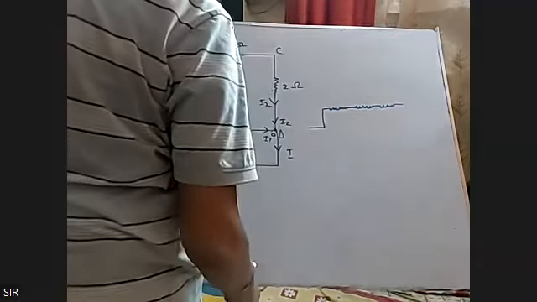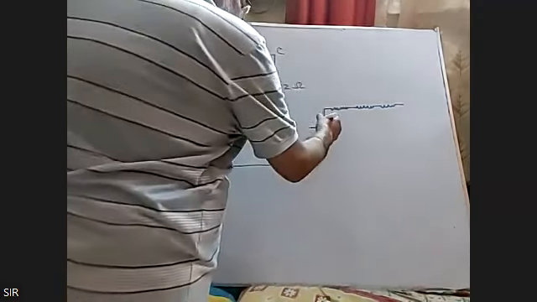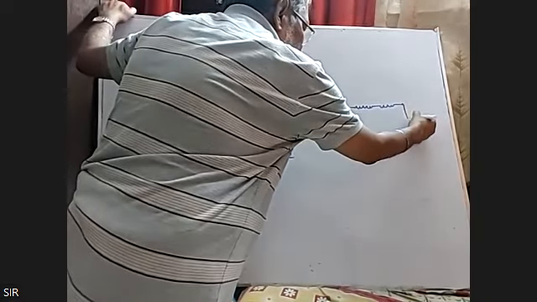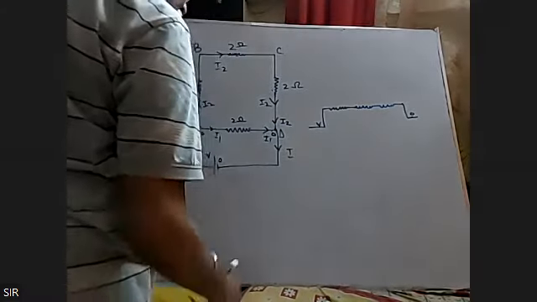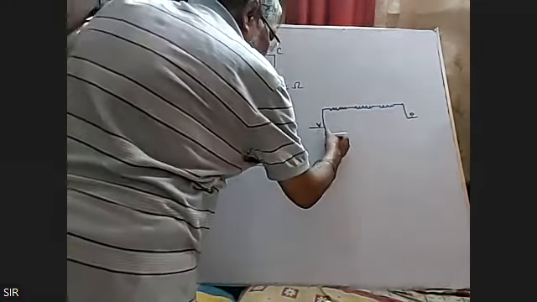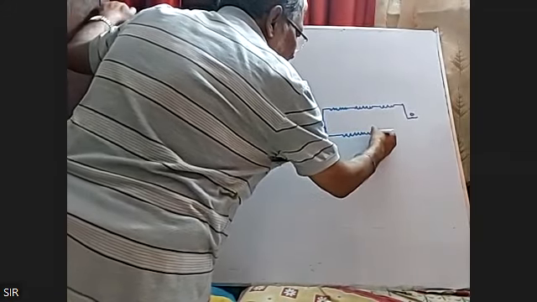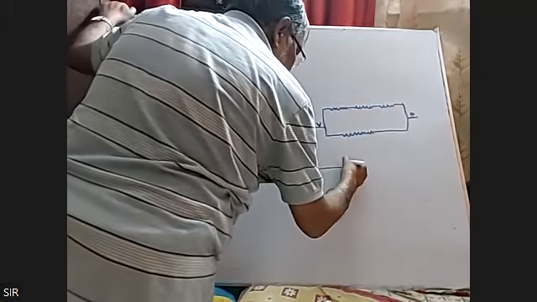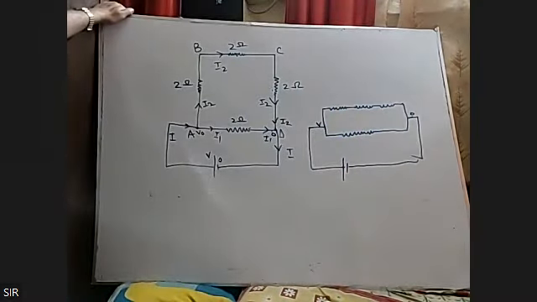Three resistances are between V and 0. Clear? Yes. Now, one more resistance is left between V and 0. This is the simplified diagram for this. Is it okay?